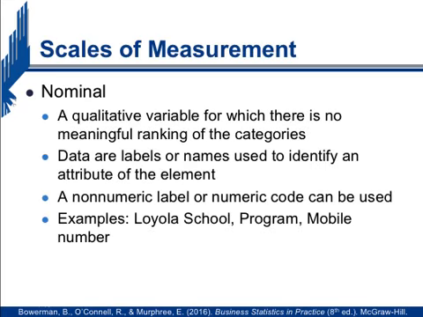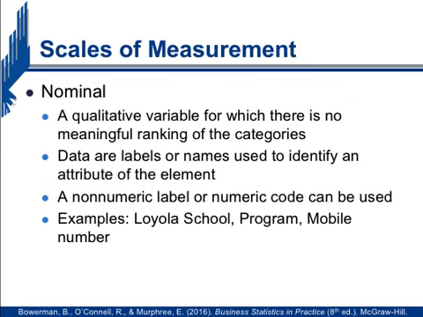For the first scale of measurement, called the nominal or the nominative scale, this refers to a qualitative variable for which there is no meaningful ranking of the categories, meaning the variable segregates the elements into multiple categories, but these categories have no ranking, meaning there is no category that has a higher ranking or higher importance as compared to the other categories.